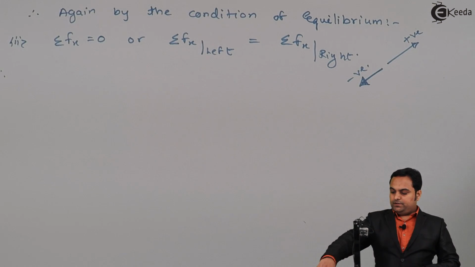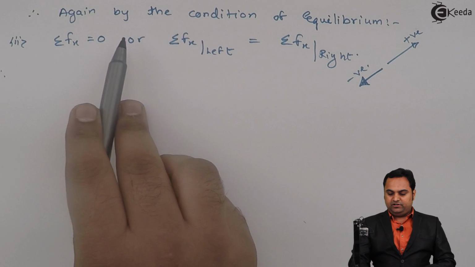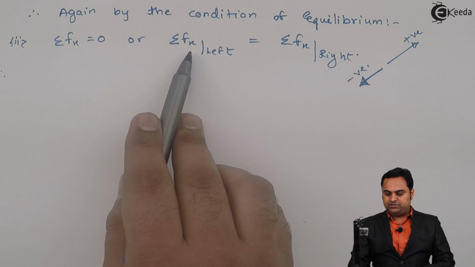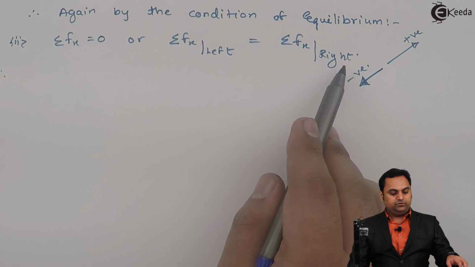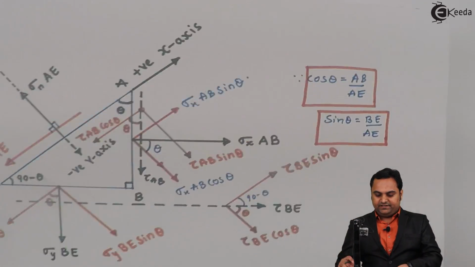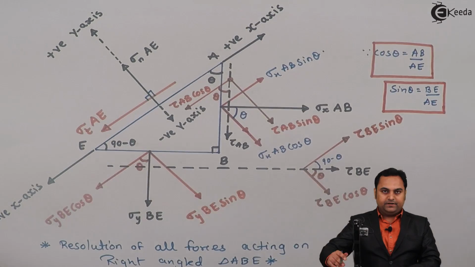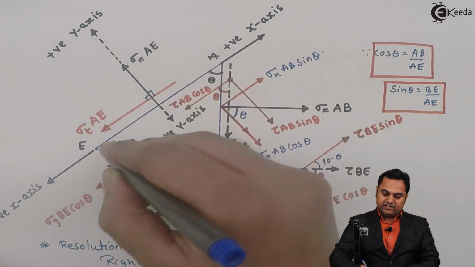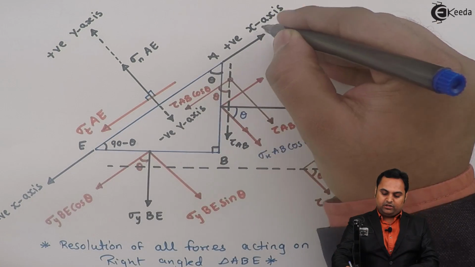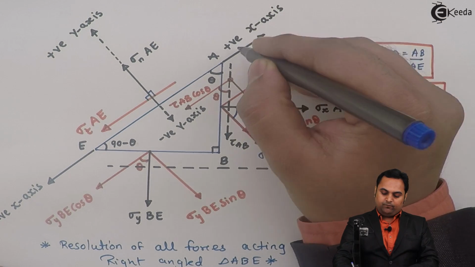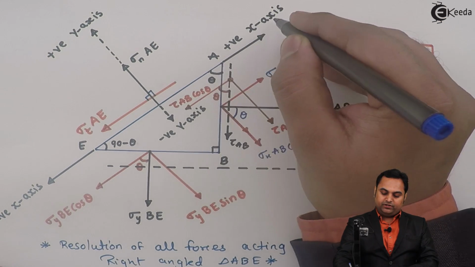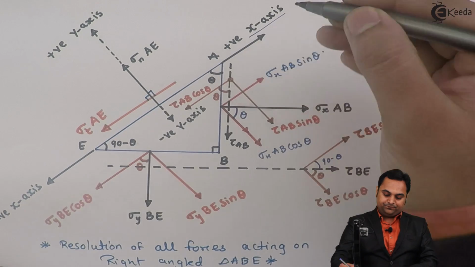So now here I am taking the second condition of equilibrium, that is summation of all forces on the left hand side should be equal to the sum of all forces on the right hand side. Now here if I consider this diagram, the forces which are parallel to the plane are along x, which are upward parallel to the plane and upward they are on positive x axis.